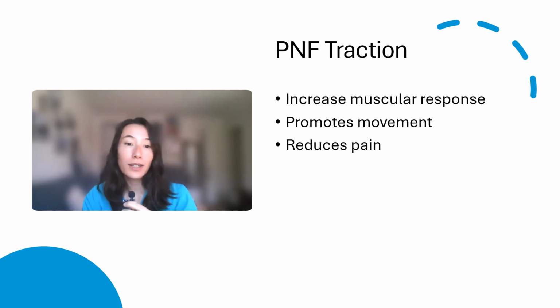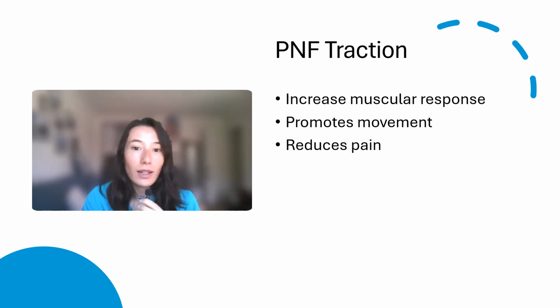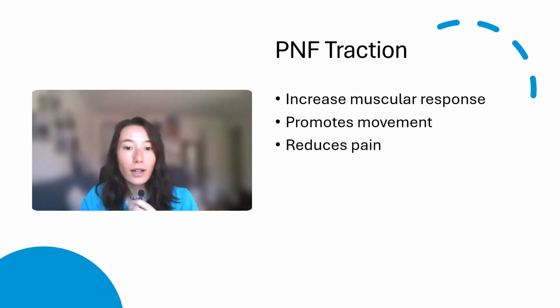Now, how this plays into PNF is that if we're stimulating the joint, any pain that might be present during a movement or during a stretch can be addressed through traction. So the person might be able to experience less pain throughout that range of motion because the brain is being distracted with the information that's being sent from the proprioceptive fibers, right? We're just moving.